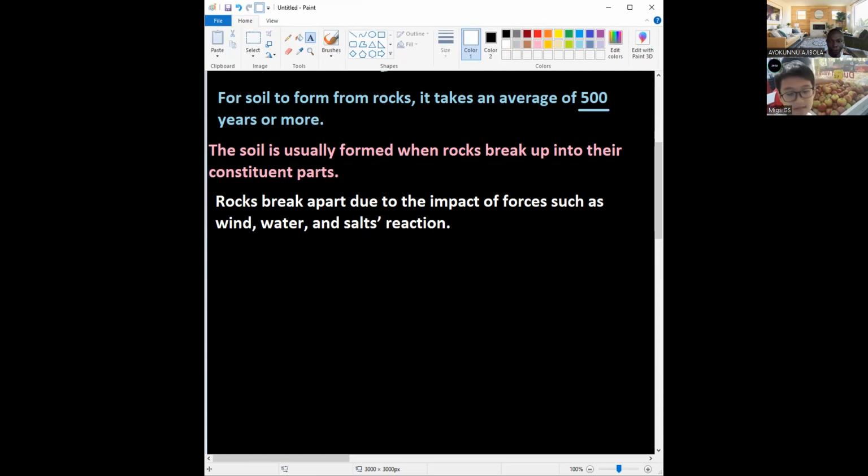Then we also looked at different types of soil during the last class. We said sandy soil, silt, clay, and loamy soil. Are you concentrating?